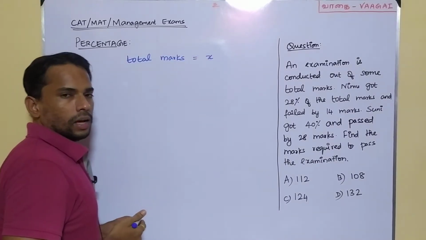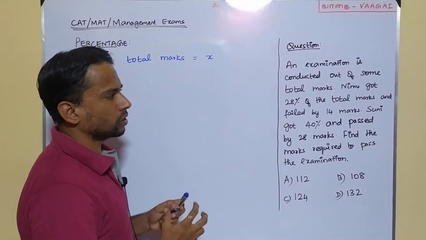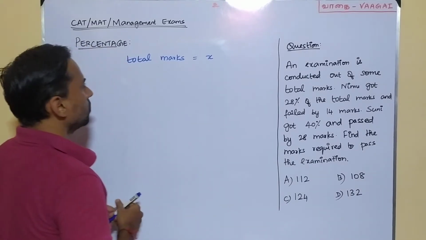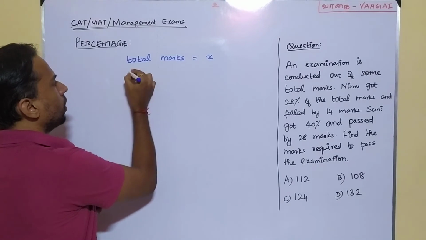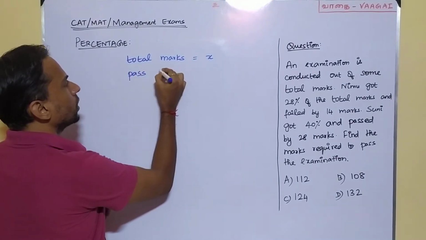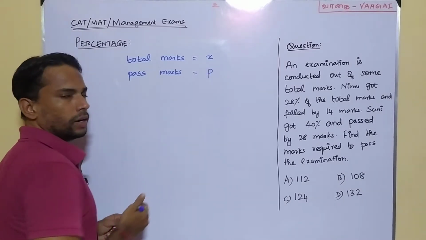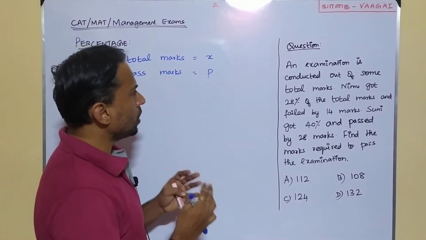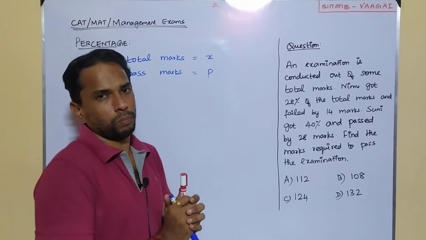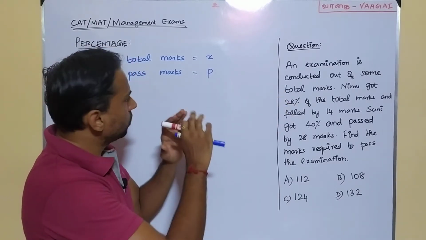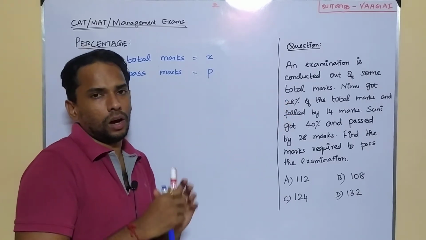Again, there are some marks required in order to pass the examination. I'm going to take it as the pass mark, and we will take that pass mark to be some p. These two things are very important for us to proceed with the problem, and with this help we will build the other information.